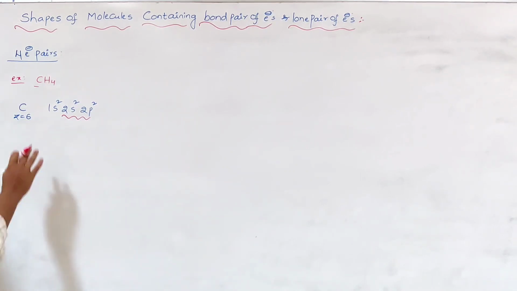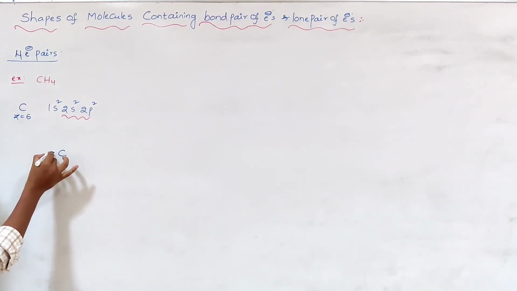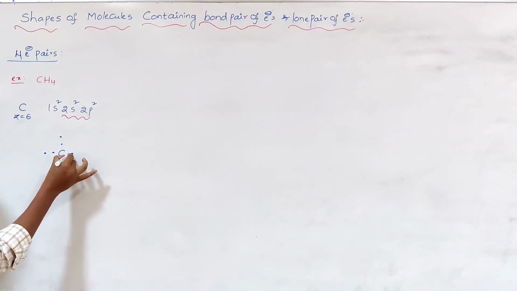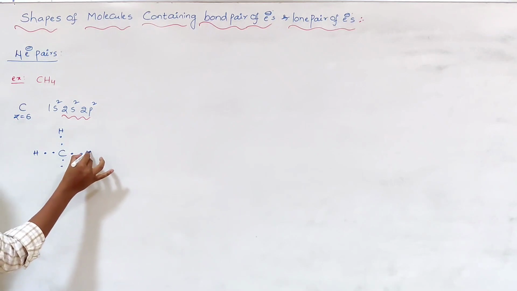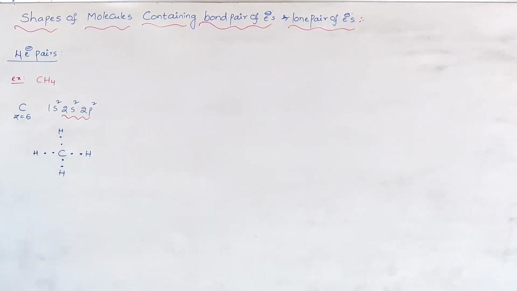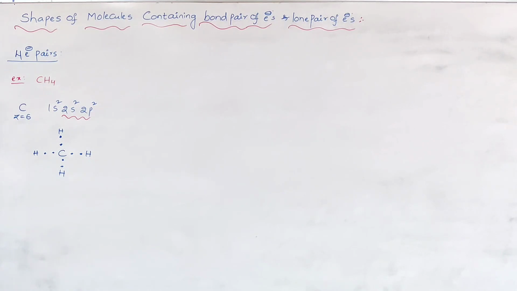All four valency electrons are involved in bond formation with each hydrogen atom. So around the carbon atom, four electron pairs are present, and each electron pair is involved in the formation of a bond between carbon and each hydrogen atom. The four bonds are formed by sharing of four electron pairs between the carbon and each hydrogen atom.